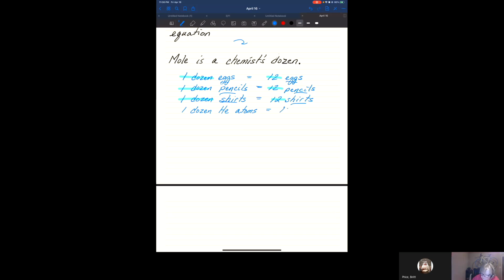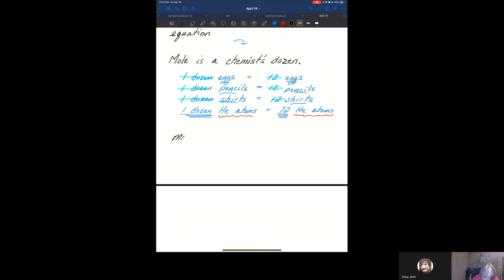Okay, well, that's nothing more than 12 helium atoms. Perfect. So the term dozen just refers to a certain number of whatever you're talking about. So 1 dozen is 12.